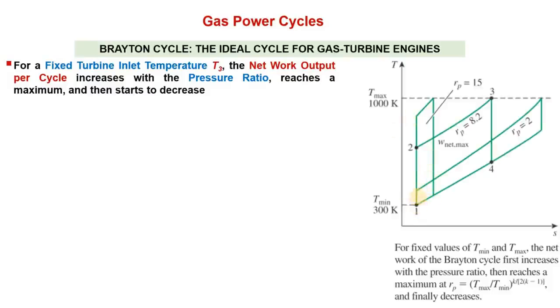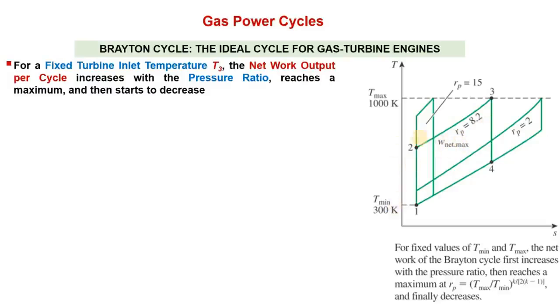So here you can see the effect of pressure ratio. This was the lowest pressure ratio, then this was heating to reach the same maximum temperature, then isentropic expansion, then heat rejection, right? Now if you increase the pressure ratio to this point, now the heating in the combustion chamber, then expansion in the turbine, and then it completes the process. So from this to this, as the pressure ratio is increased from 2 to 8.2, for example, this net work output increases.